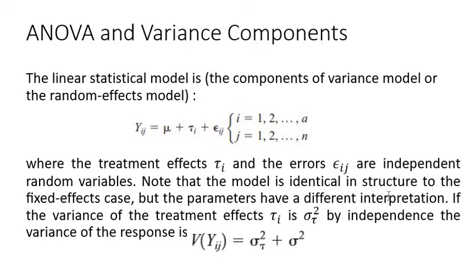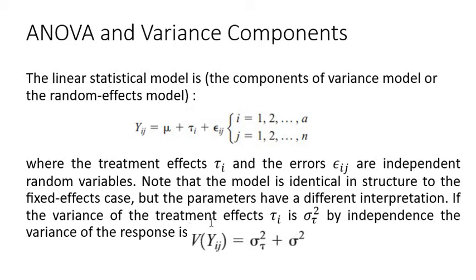This is identical in structure to the fixed effects case, as you remember in part 1 of our lecture. The treatment effects, tau sub i, and the errors, epsilon sub ij, are independent random variables.